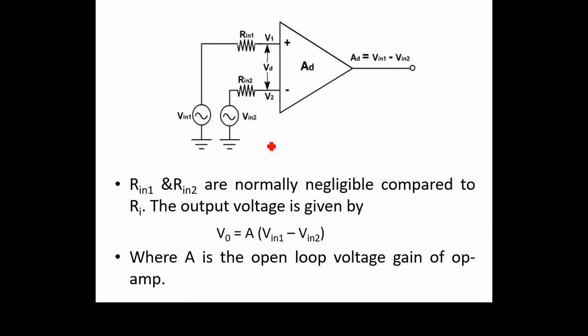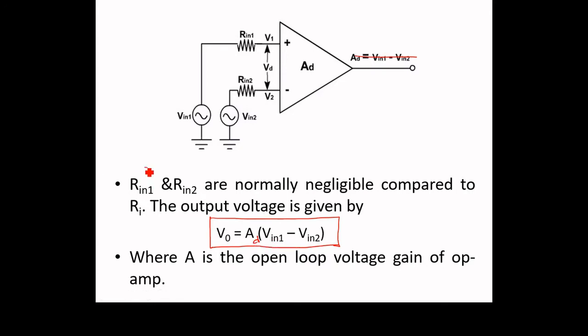So as you can see, this is the relationship between the output voltage and input voltages. V0 is simply AD, we can take here. There is a mistake here, sorry. V0 is equal to AD into (V in 1 minus V in 2).